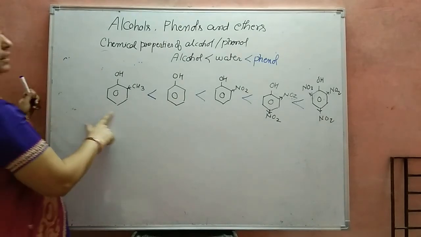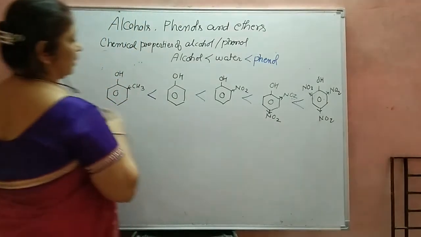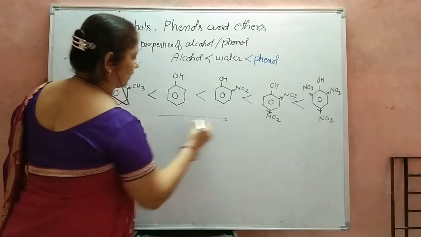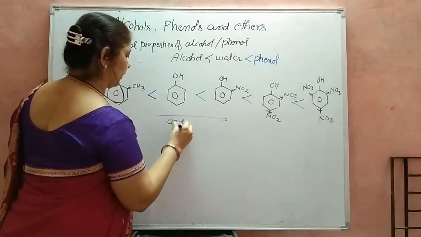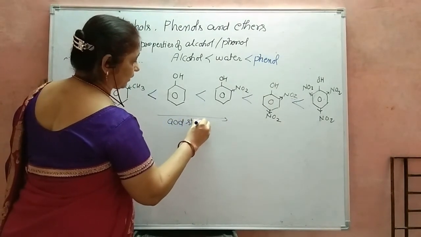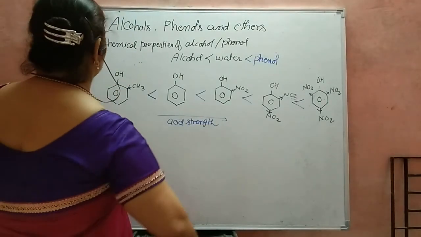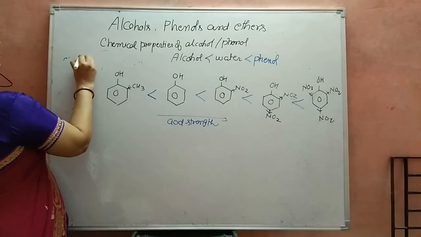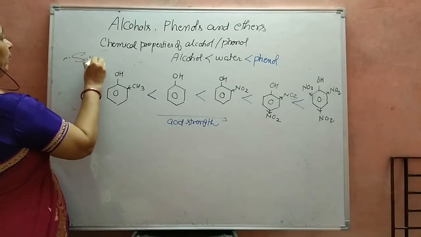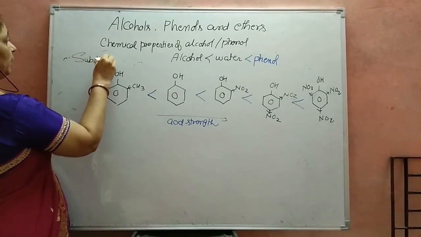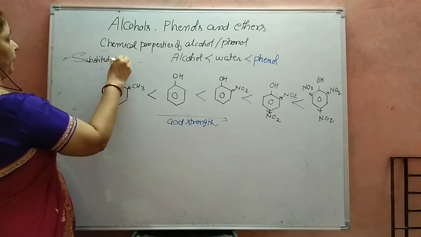So these are the substituted phenols. Here we discuss the acid strength. हम यहाँ पर क्या डिस्कस कर रहे हैं? Acid strength. और हम इनको क्या बोलेंगे? That are substituted phenols.